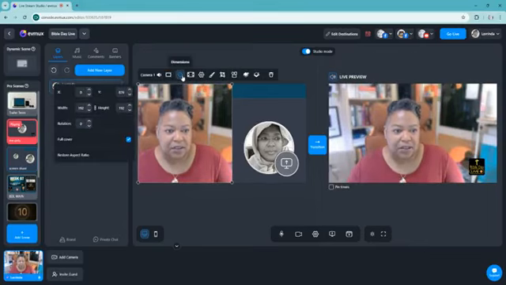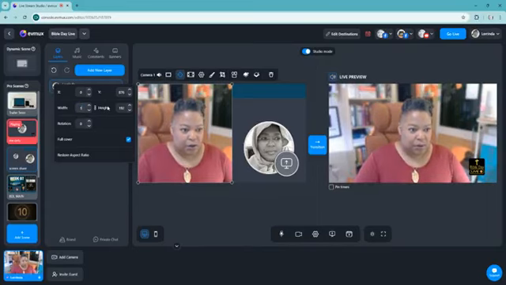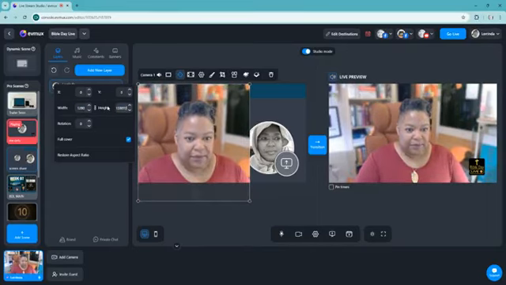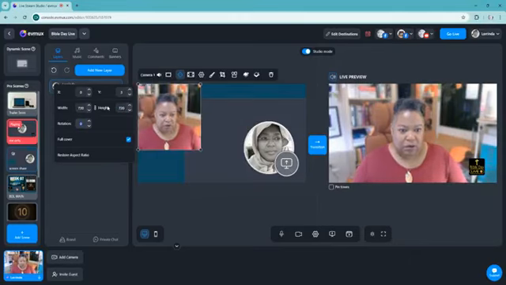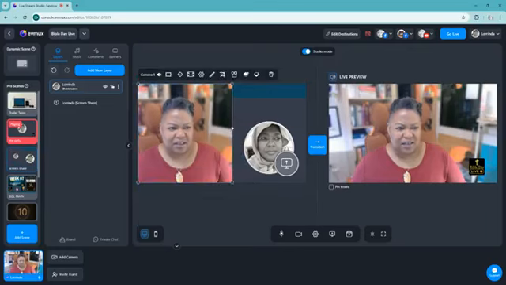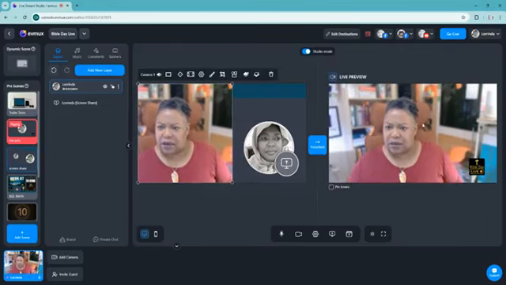Frame dimensions. Let's do 1280 by 720. Nope. 1280 by 720. I guess it's still not stretched. I want it stretched like this picture over here. I want this same thing over there.